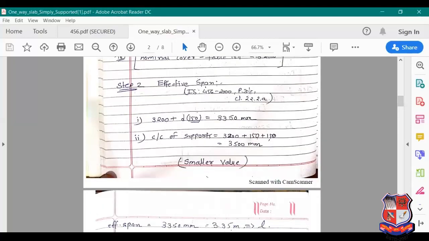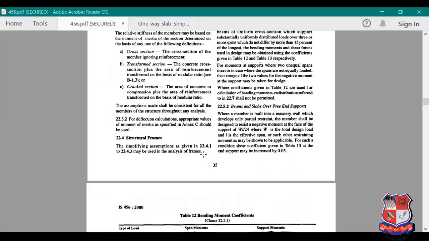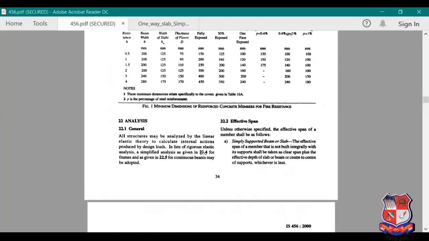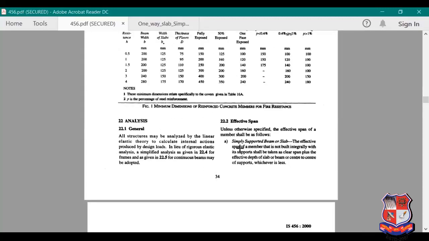For the effective span, we have a clause on page number 42, clause 22.2.